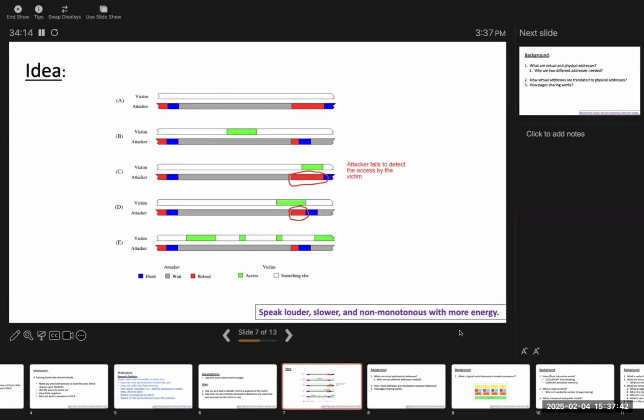Here, although the victim is making the access, at the same time, and as a result, they see the larger latency. So the attacker fails to find out, because its measure is the time latency. It thinks that the victim has not made the access, while actually the victim has made the access, but at the same time.